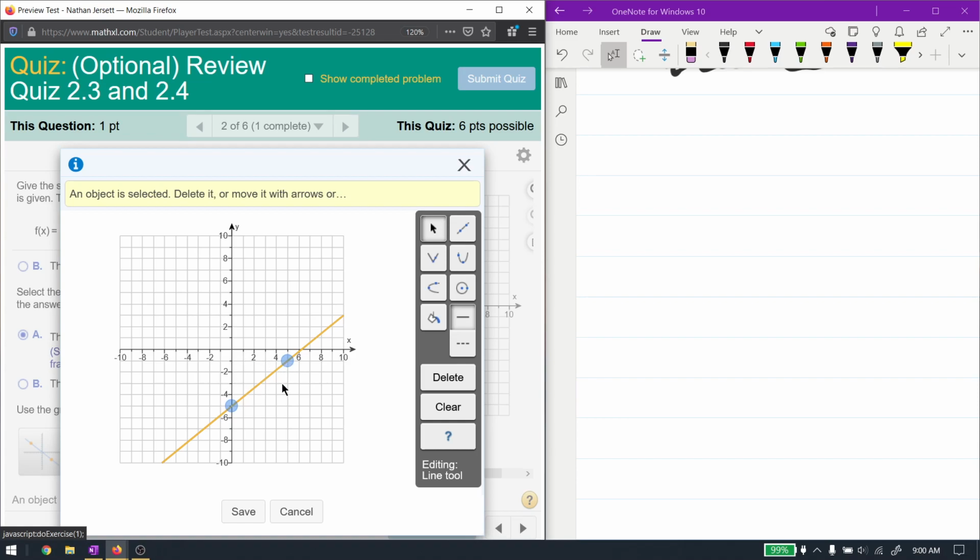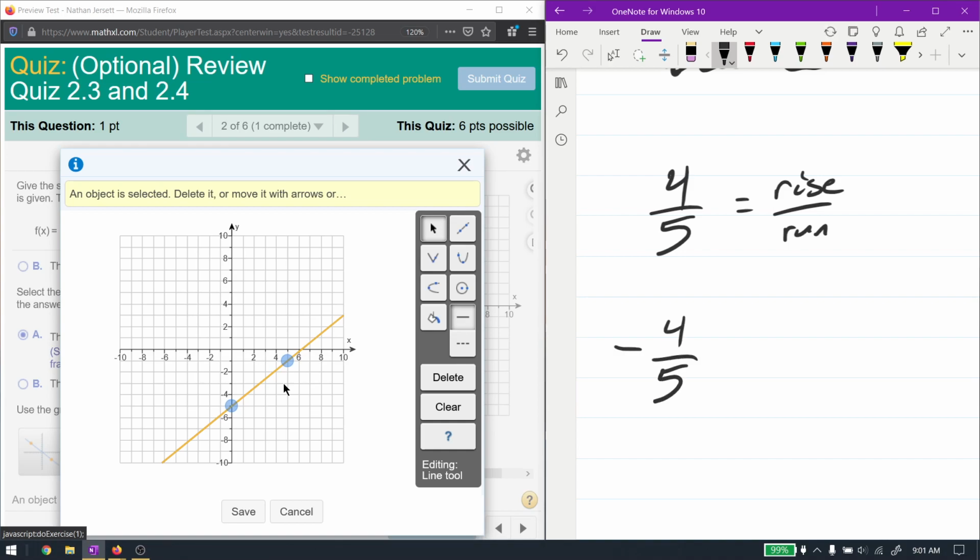4/5. You always go up or down, and then you always go left or right next. If you read it the right way, if you have a slope of 4/5, that's the rise over run. Positive means up, and up and to the right. If you have something like -4/5, then I would actually make this the same thing as -4 over 5.